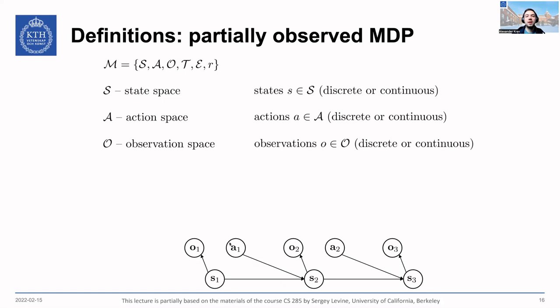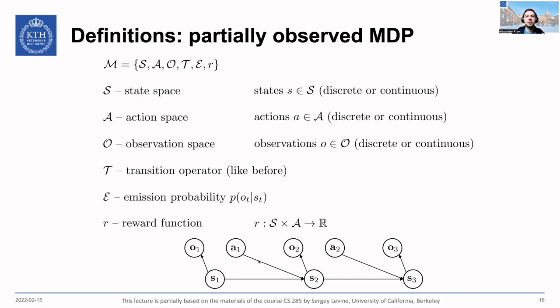And then we have actions. And then again, we have a transition operator that takes us from S to another state, considering an action. And here we also get the emission probability, which defines the probability distribution of different observations given a state.